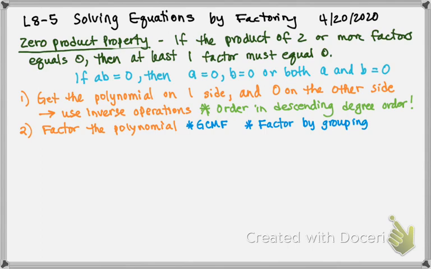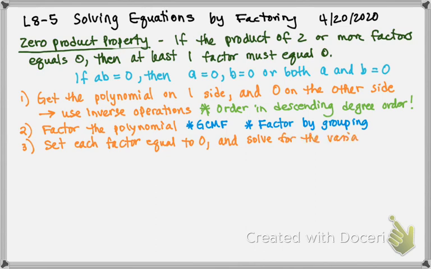And then we're going to set each factor equal to 0, because we don't know which one it could be, so we have to test both of them. And solve for the variable. Didn't like how I wrote that, sorry.